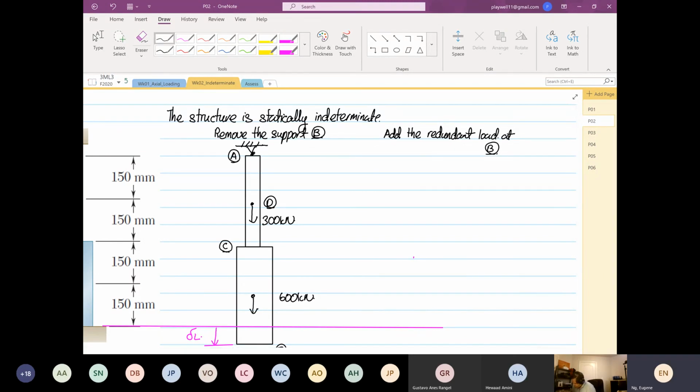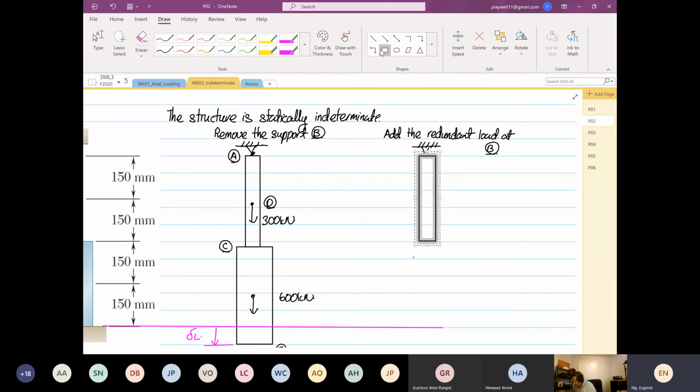So again, I'm going to sketch our structure. Now in this stage, when you push it back, or when you induce a redundant load, you will not consider the applied load, the actual load. I repeat again, you will not consider the applied load, or the actual load.